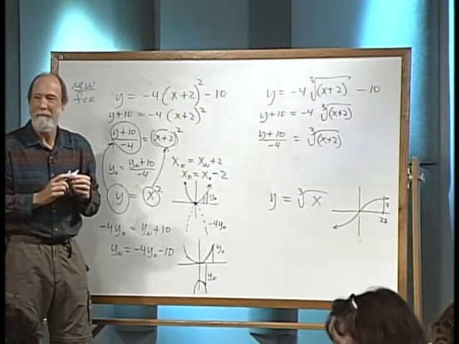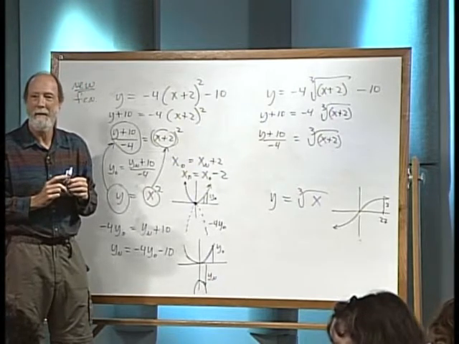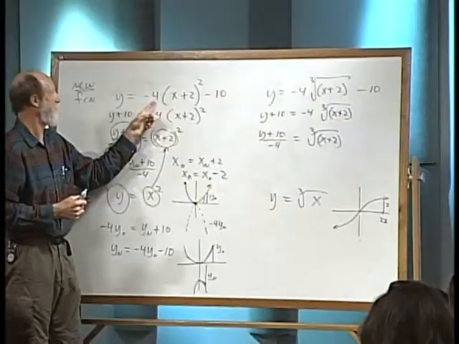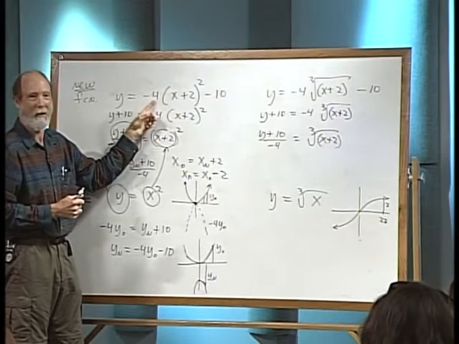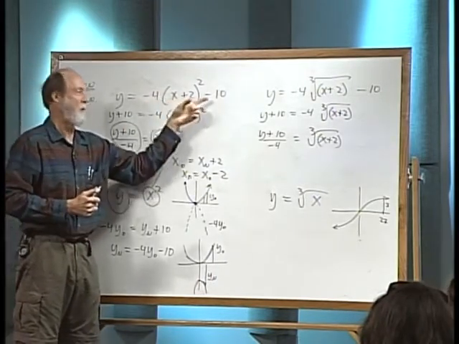Question? Is the point of this to simplify the y we were given? The point is to have a quick sense of what this picture is going to look like. Can we do that without doing all of that algebra? Yes. Once you understand what's happening here, and I'm showing you the details so that you don't just blindly believe me and say this turns it upside down and makes it 4 times as tall, and this causes it to jump 2 to the left and down 10.